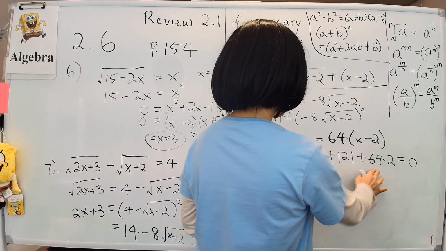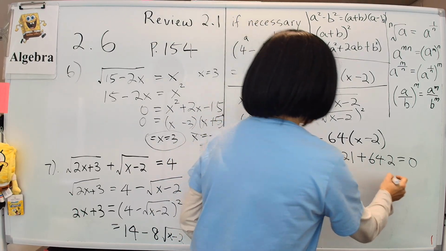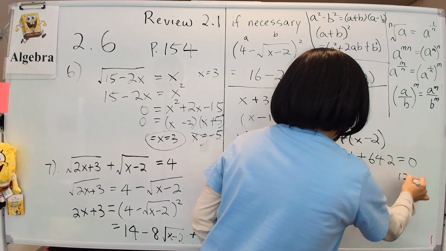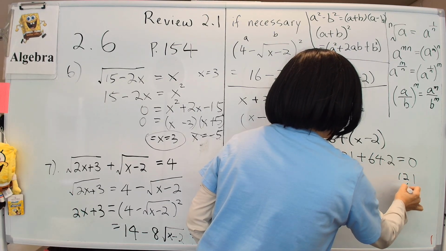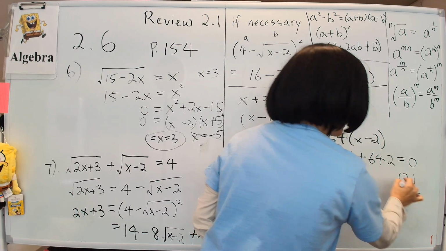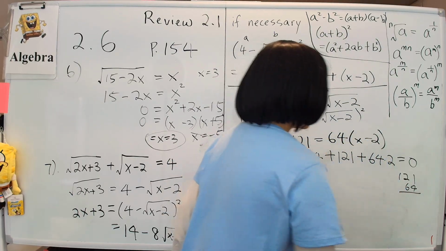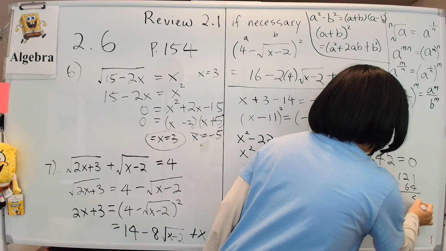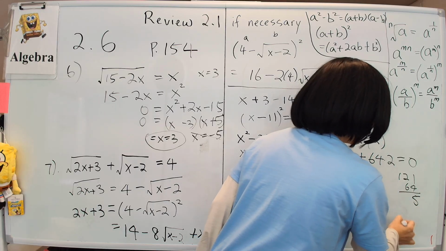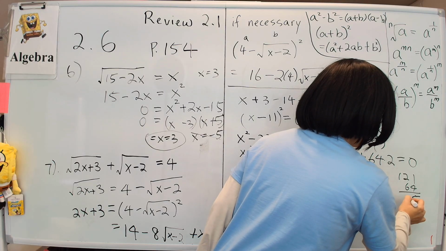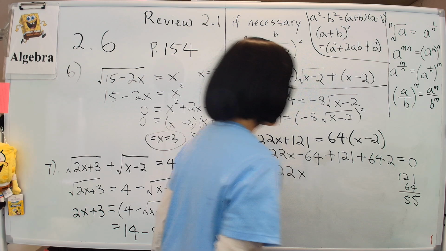This is equal to 121 minus 64. Let's do this trick. I don't even remember how to do this. That is 5, right? And that becomes 11 minus 6, isn't that also 5?